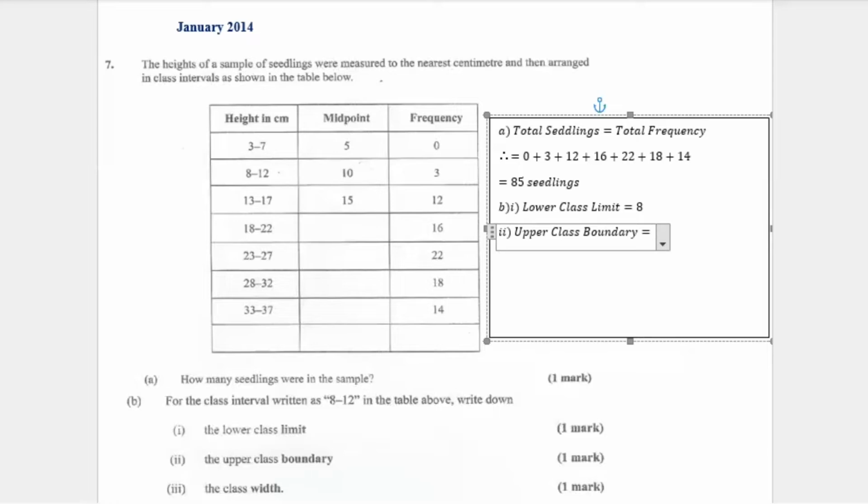So the upper class boundary is 0.5 higher than the upper class limit. So the upper class limit is 12. Therefore, the upper class boundary would be 12.5. That is our upper class boundary.